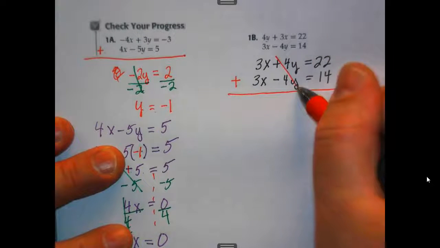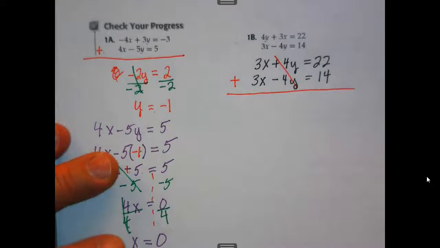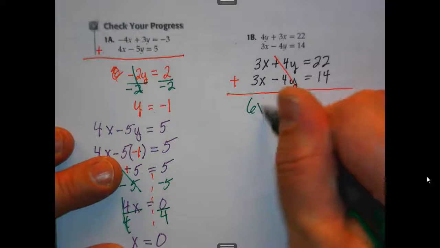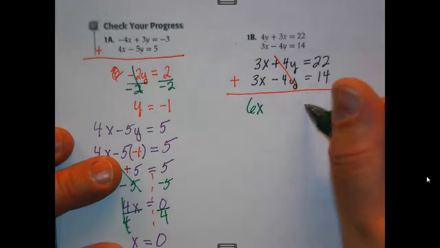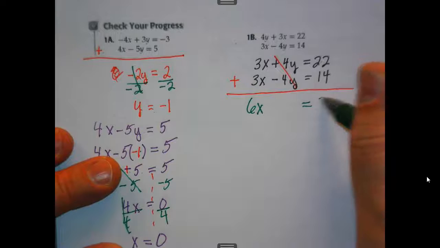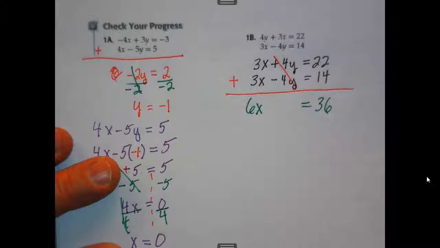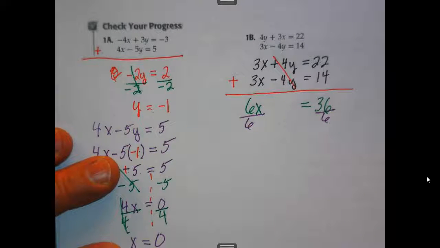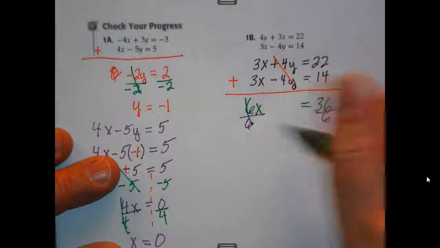These get eliminated. 3x plus 3x is 6x, equals 22 plus 14, 36. Divide both sides by the coefficient 6, and I get x equals 6.